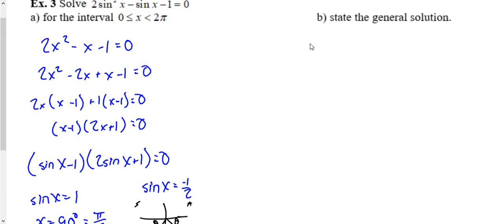So I could say something along the lines of x is equal to, the first one here, let's go with pi over 2, that's our 90 degree one, by the way, plus 2 pi n, where n is an element of an integer.